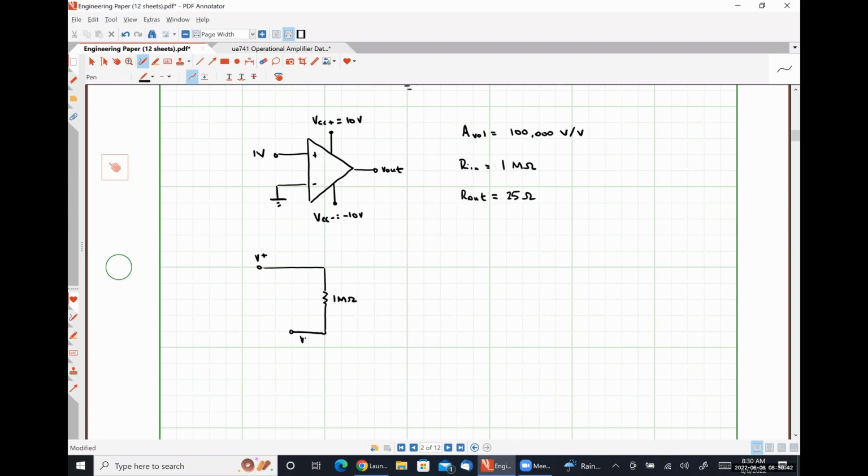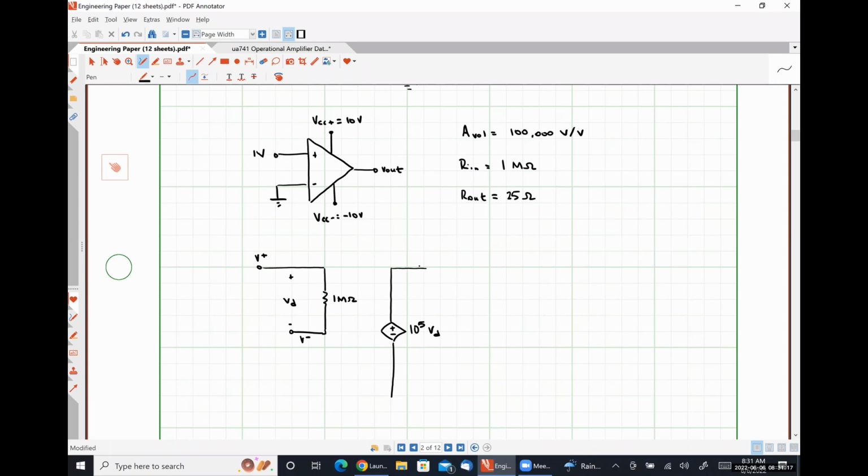Here's my inverting input signal terminal. Here is my dependent source. 100,000 is the same as 10 to the 5, so I'm just going to call this 10 to the 5 VD. And over here on the left, I'm going to make sure to write VD. VD, our differential voltage, will always be the difference between our non-inverting input terminal and our inverting input terminal.